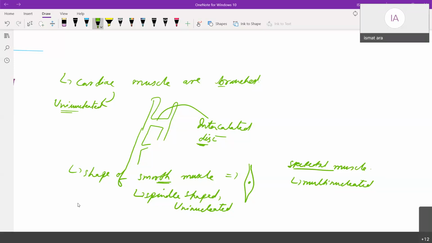So the comparison should be clear between the cardiac muscle, smooth muscle, and skeletal muscle. Clear with this?